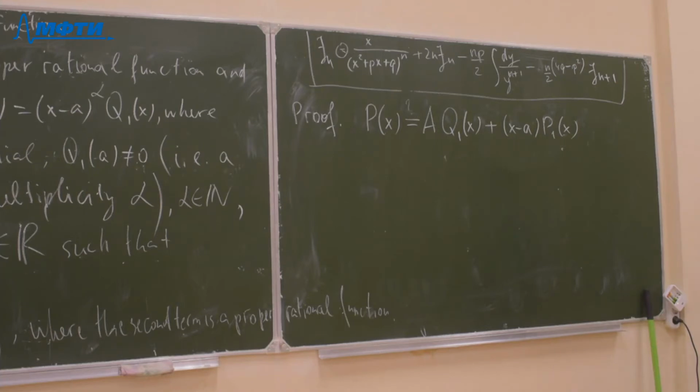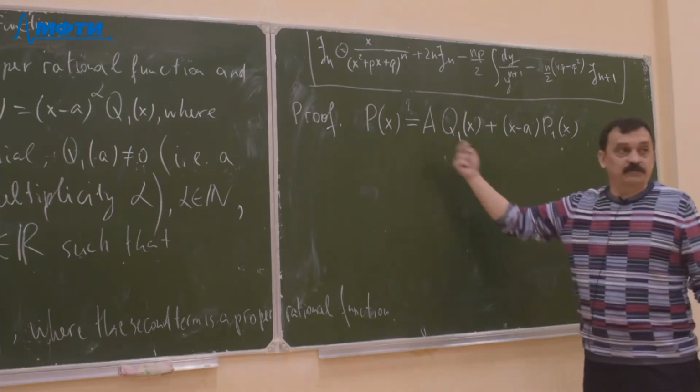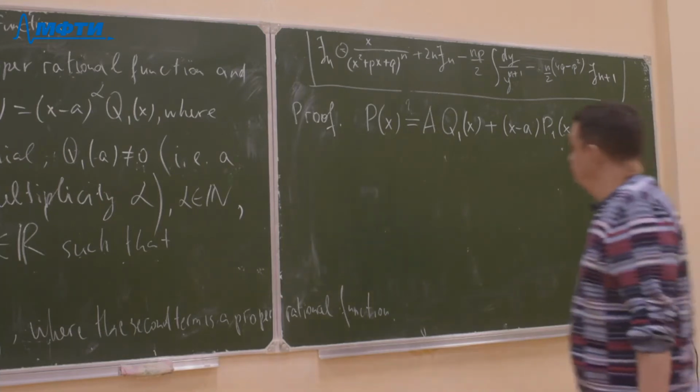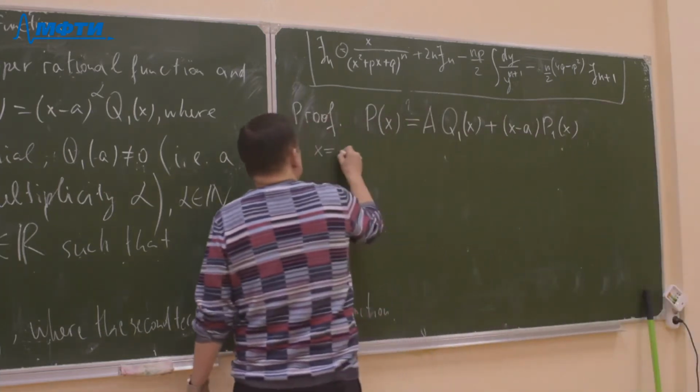That is what we want to obtain, right? How to find capital A from this equality? Just substitute x equals little a.